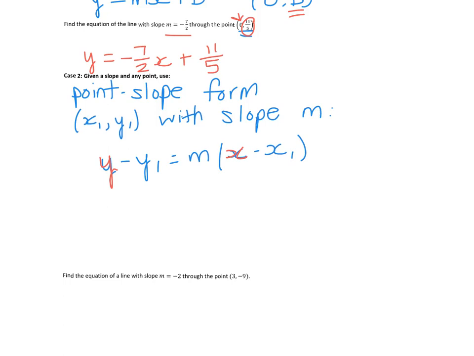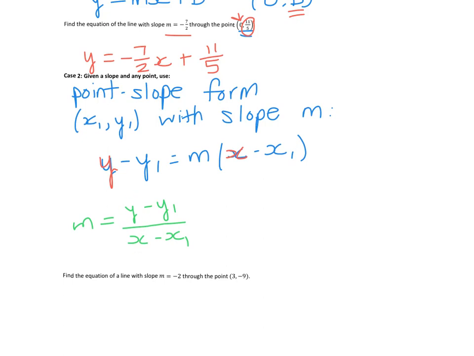And where this format comes from, it comes from our slope formula. So we have that m, our slope, is equal to the difference of y's over the difference of x's. Okay, so we have our point, x1, y1, we have our slope m, and now x, y is just any point of this line.